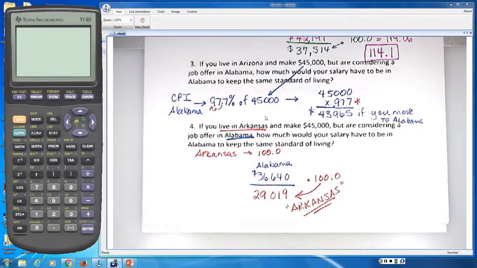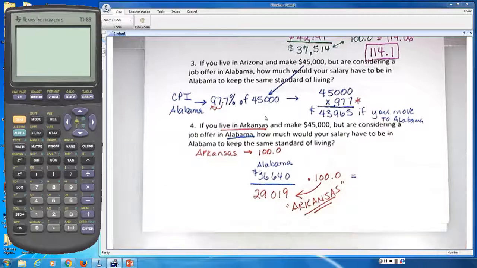So then when we do the math, now are you expecting an index number higher or lower? Higher. Higher because you're moving to a state that has a higher median income.